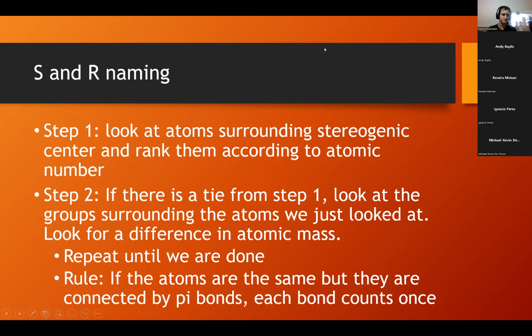Okay. If there's a tie, you're going to look for the highest atomic mass. That's really only ever useful if there's a deuterium or something on it. But if we do have a tie, say we have 2 or 3 carbons around a chiral center, which is very, very common, especially in organic molecules because they're made of carbon, you need to look at those carbons that are immediately connected and then ask, okay, what's coming off of them?